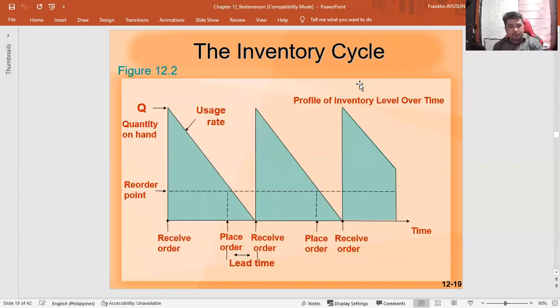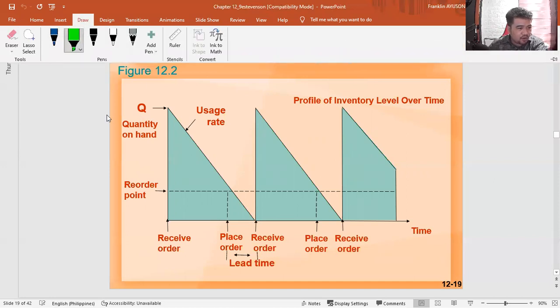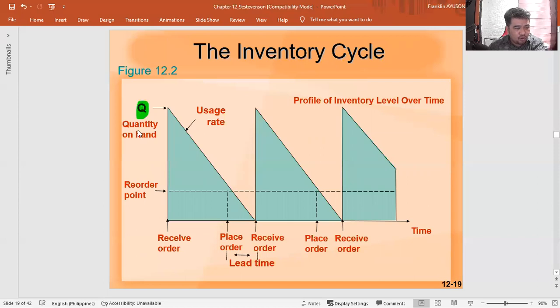For example, in terms of inventory cycle, let us apply some of the things that we have discussed. Number one, take into consideration that let's say you have your Q or your quantity at hand, and this is your usage rate, determining our reorder point. So this is our reorder point.